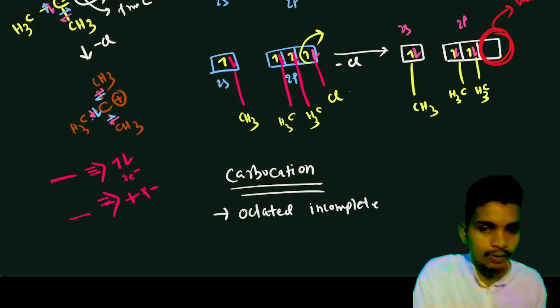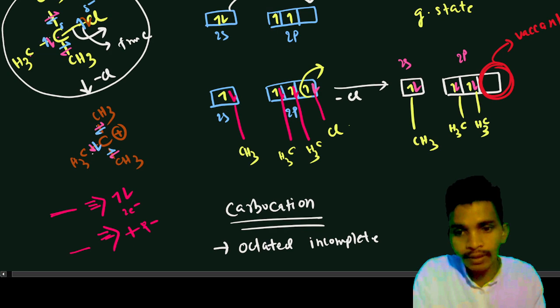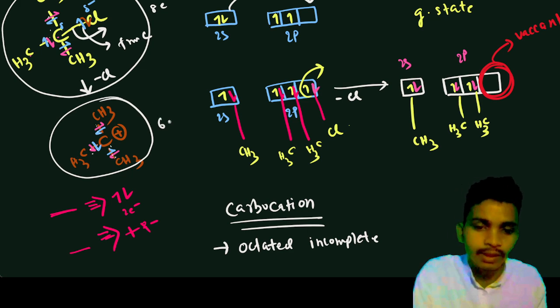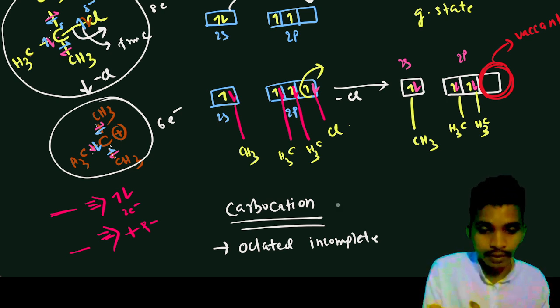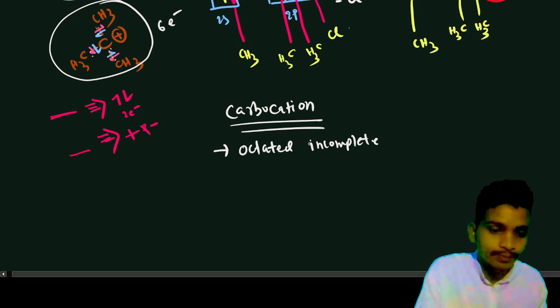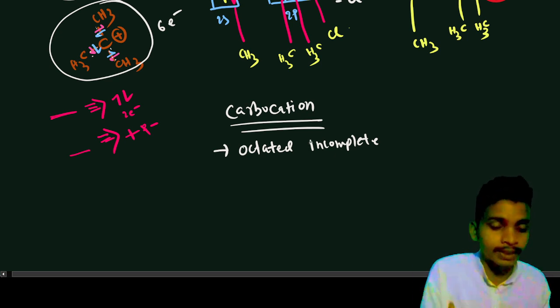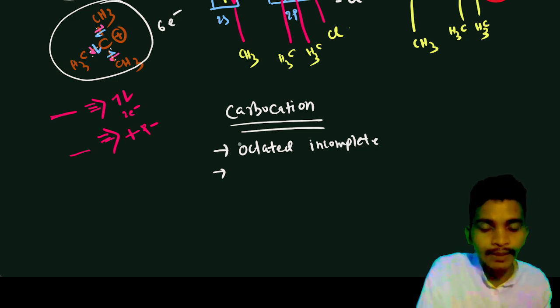So whenever the tetrahedral carbon is there, it has 8 electrons. But when it forms the carbocation, it has only 6 electrons. 1, 2, 3, 4, 5, 6. It means that two more electrons are needed to complete the octet. So it needs electrons, which means it loves electrons.